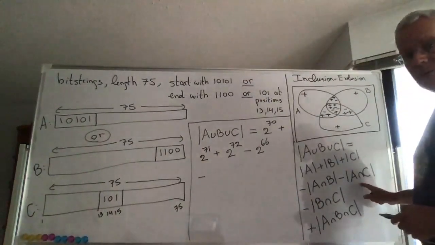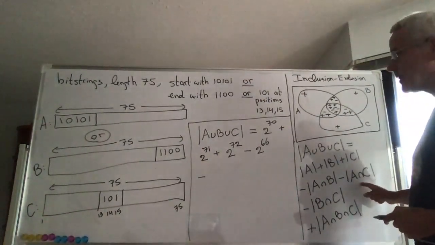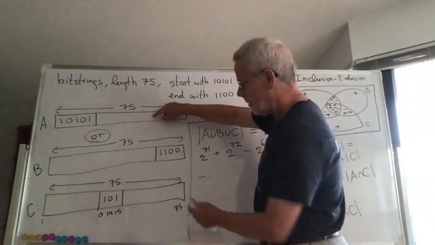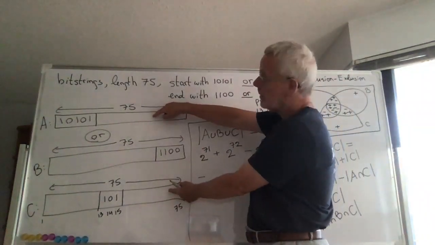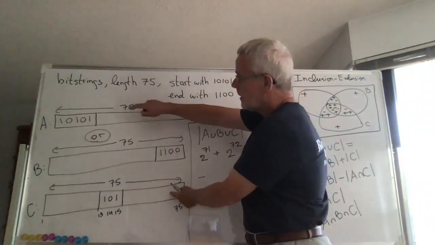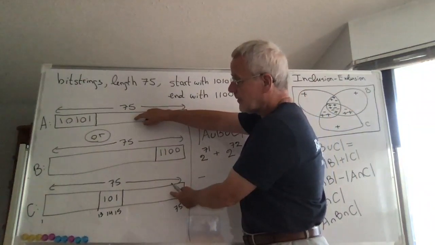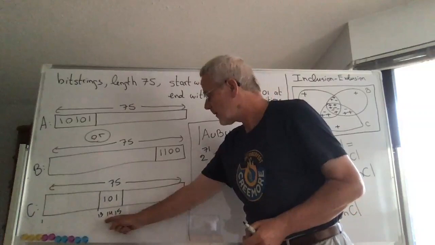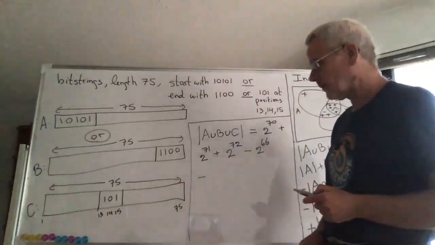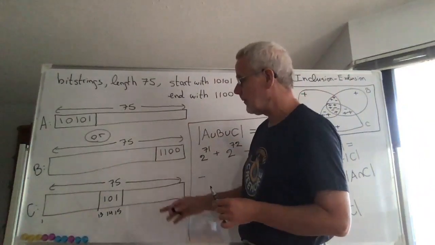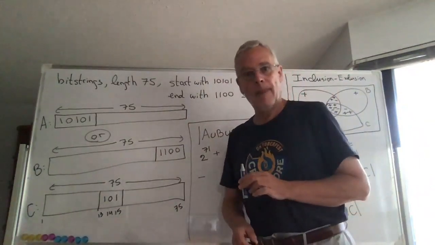Now we have to subtract A intersected C. So strings of this type and are also of this type. A says the first 5 bits are fixed. C says the bits at position 13, 14, 15 are fixed. So if you are in A and in C, then we have fixed 8 bits.